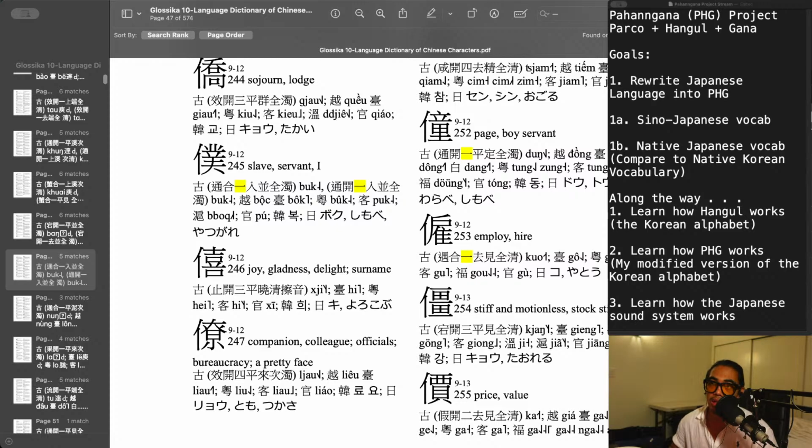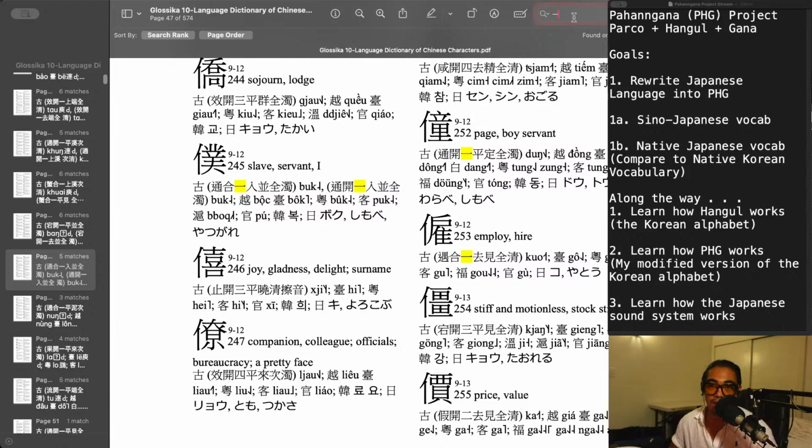And what's really awesome about this dictionary is that the author, Michael Campbell of Glossika, reconstructs what the Middle Chinese pronunciation could have been. We don't know for 100% sure, but this is actually what I'm really interested in. This is the source, and we can compare with all the different varieties of Chinese to see what the original pronunciation is that the Japanese is based on.